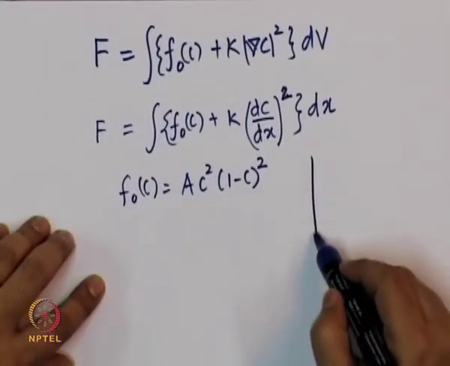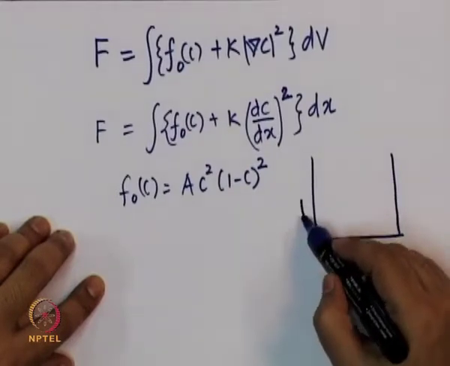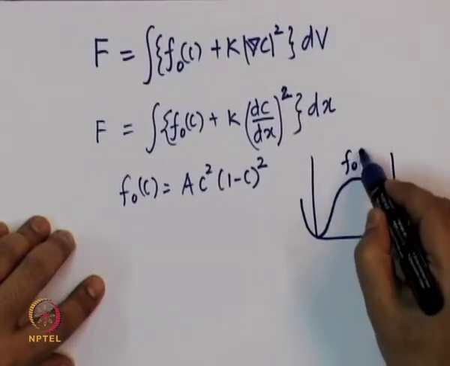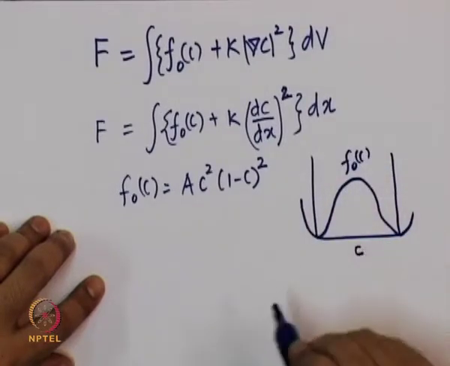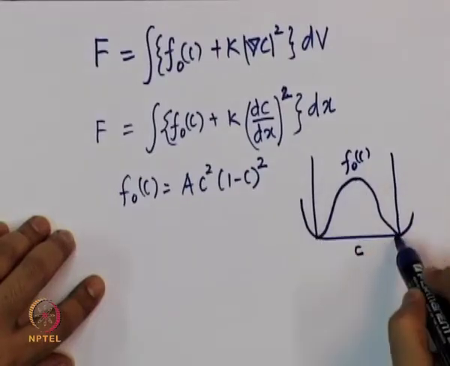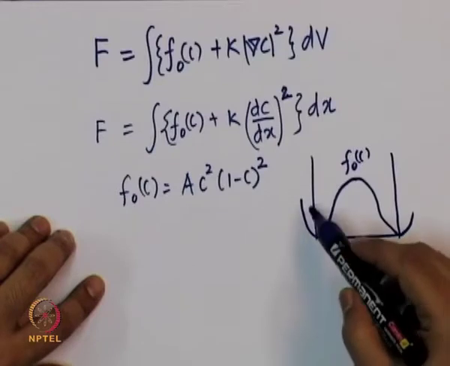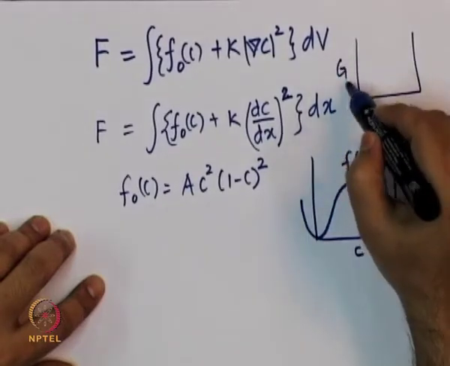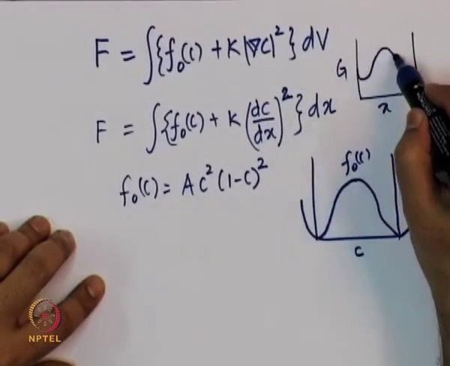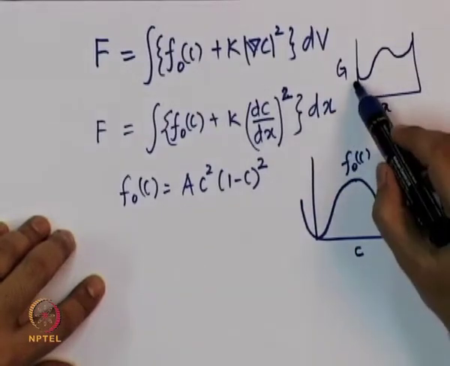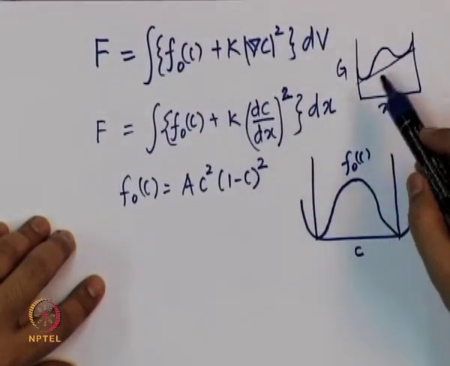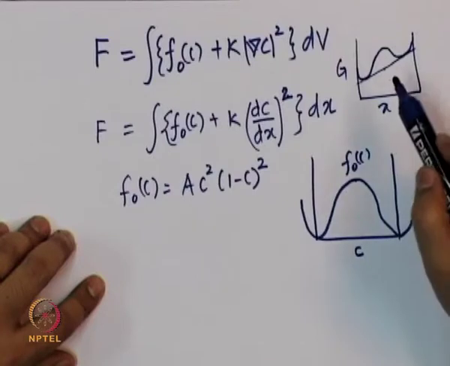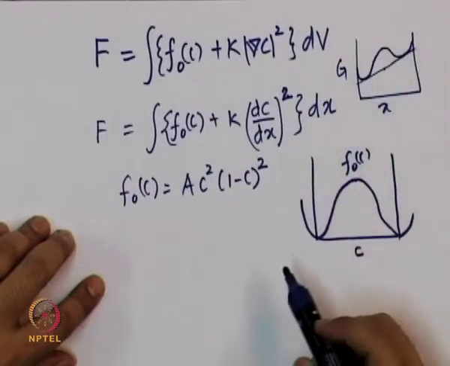Now, what we had is a free energy functional like that. This is our f0 of c, as a function of composition, and it had a maxima at 0.5, minima at 0 and 1. In the more general case, when you have free energy as a function of composition given like that, and when you draw a common tangent, from classical thermodynamics we know that for any composition that you take, the free energy is written as follows.